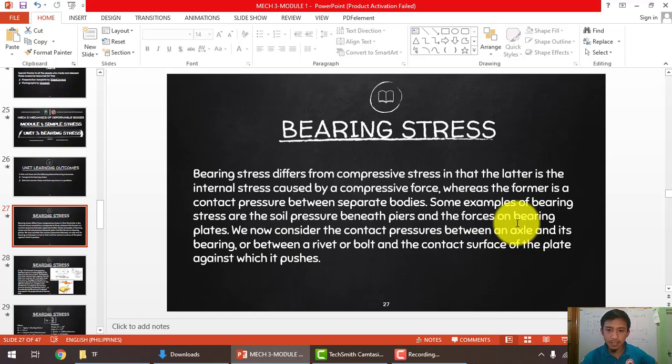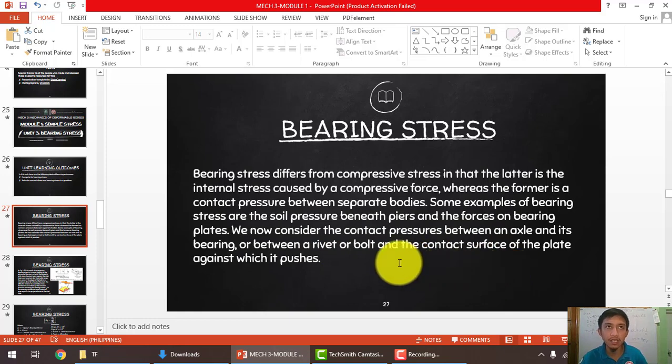What else can we consider? The pressure between an axle and its bearing, or a rivet with its contact surface. As we go on with the examples, we will explain this, just like the example of the bolt and the contact surface of the plate.